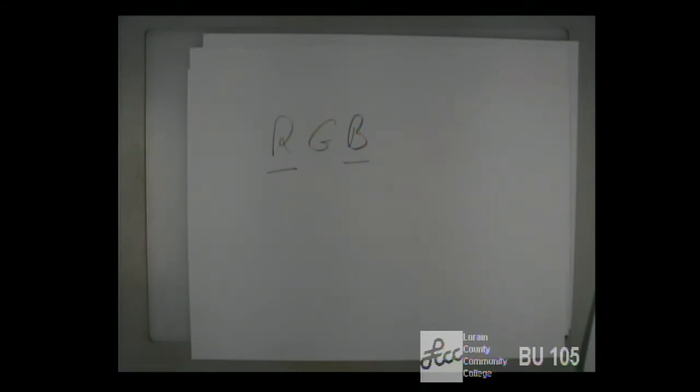So I can mix these colors, similar to what they do at a paint store, where you mix different colors together and you get the color that you want. If I mix all of them all the way, I'm going to have white. If I have none of any of them, I'm going to get black.